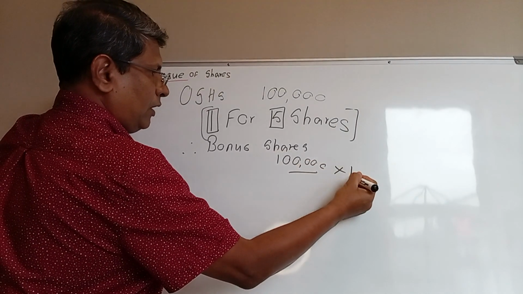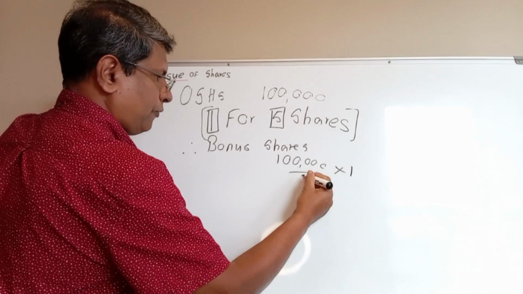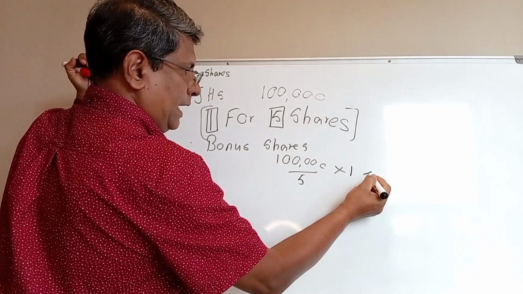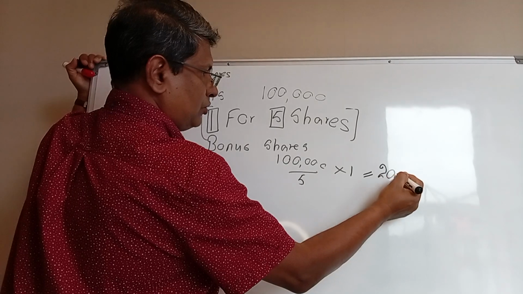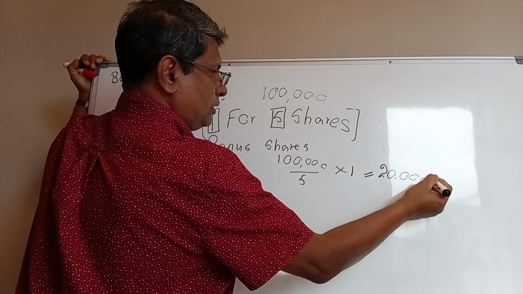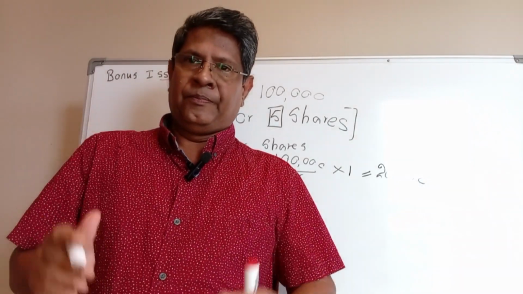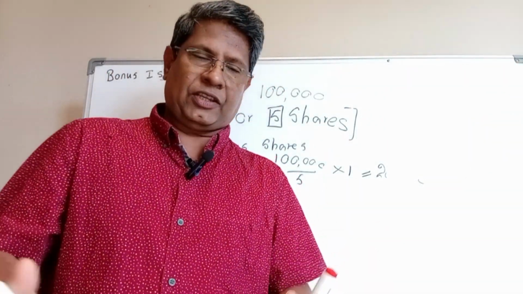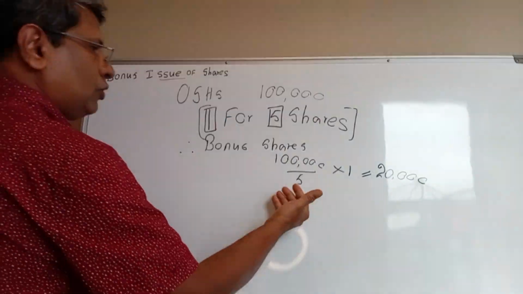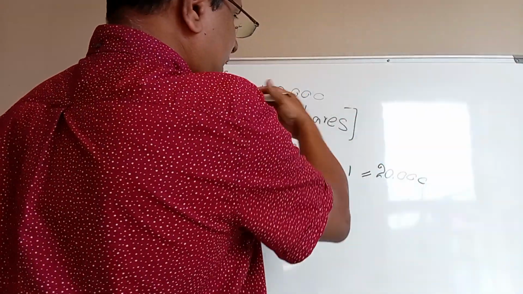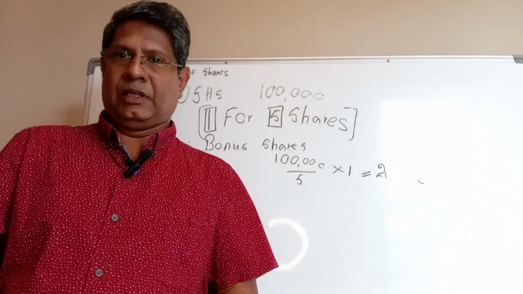Each one is going to get one extra share for 5 shares held. Okay, so that is going to be an additional 20,000 shares are going to be converted into share capital. Is it clear? Free issue of shares, no cash received. It's going to increase the total share capital by converting the reserves into share capital.